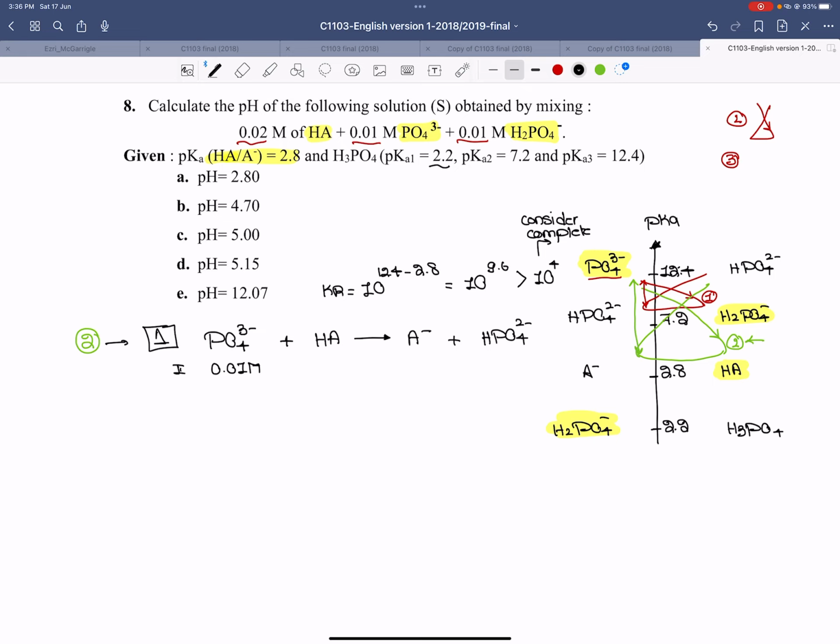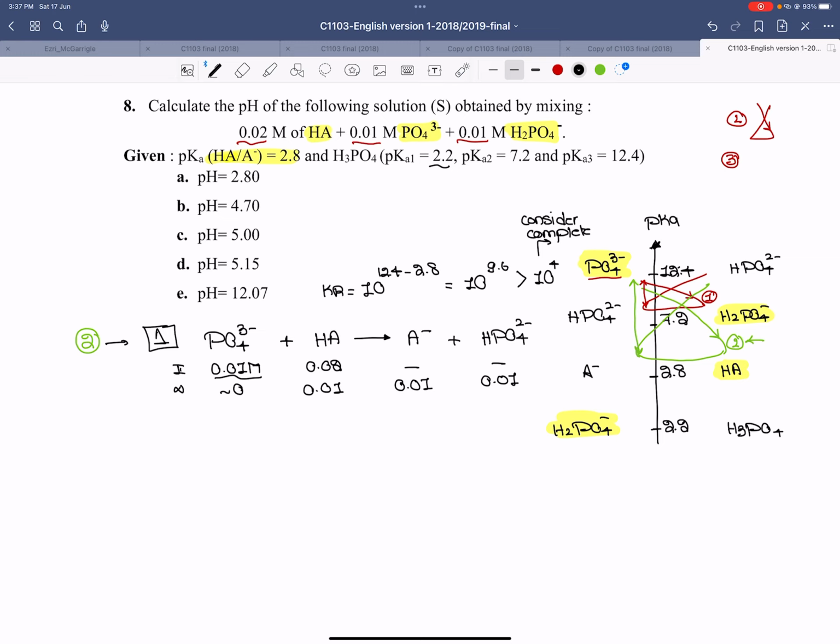Initially this was 0.01, this is 0.02, nothing, and at the end, this is the limiting one. This will become approximately 0. This will be 0.01, this will be 0.01, this will be 0.01.